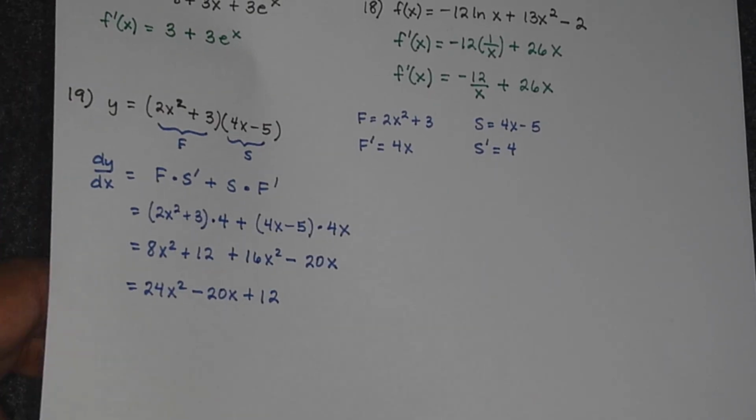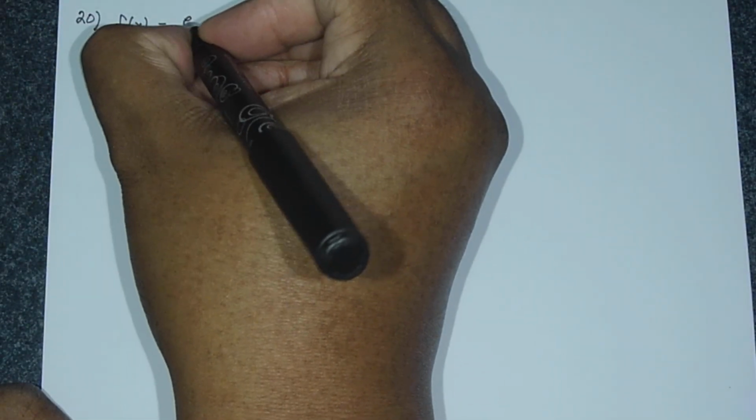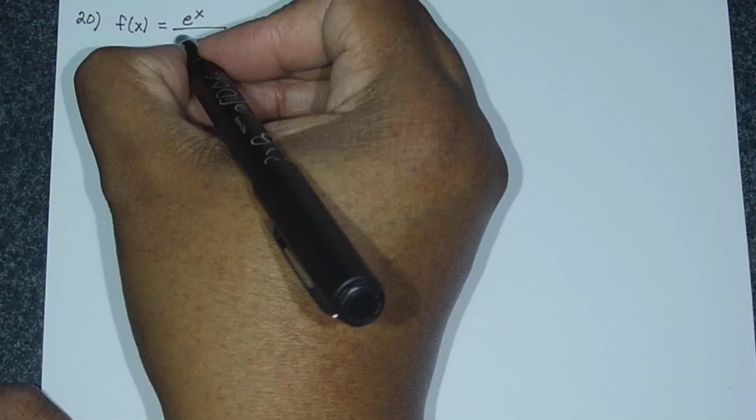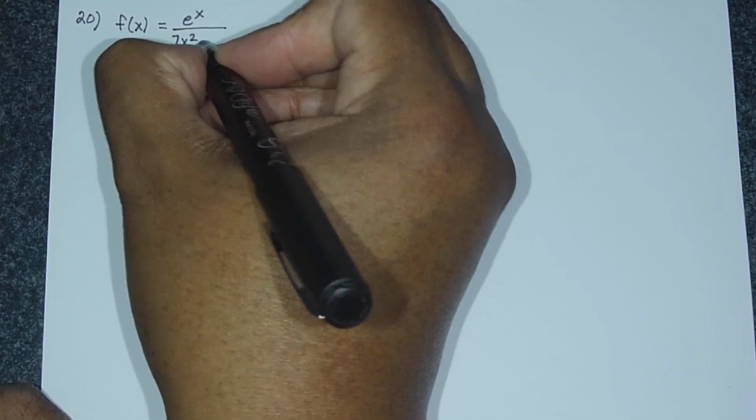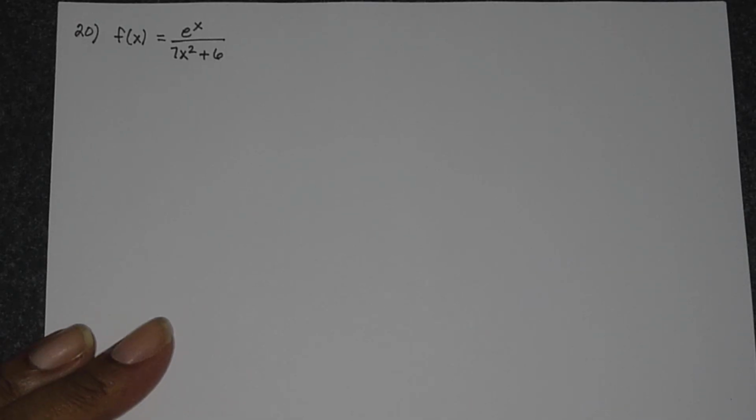All right, and finally, number 20. It tells you to use the quotient rule to find this derivative. f of x is equal to e to the x divided by 7x squared plus 6. So you're told to use the quotient rule in that problem.